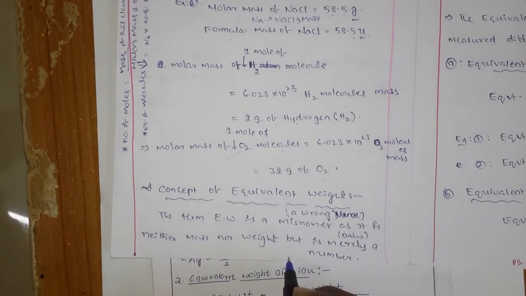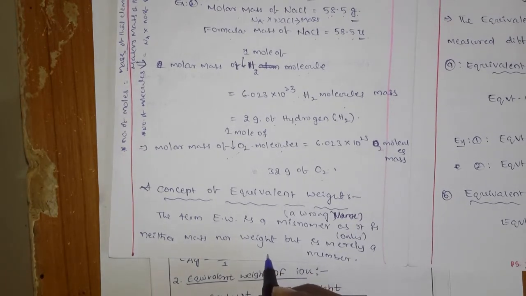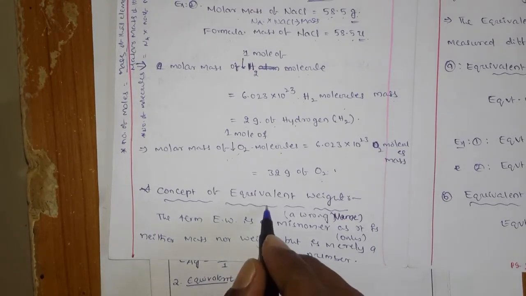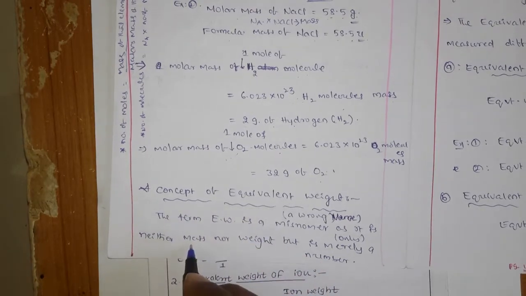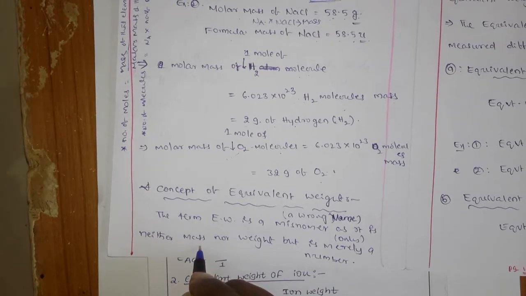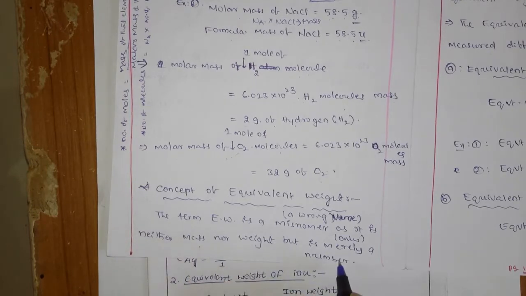For the molar mass, it is the mass of 1 mole of atoms or 1 mole of molecules. But here the equivalent is neither mass nor weight for a particular atom or molecule. It is simply a number.